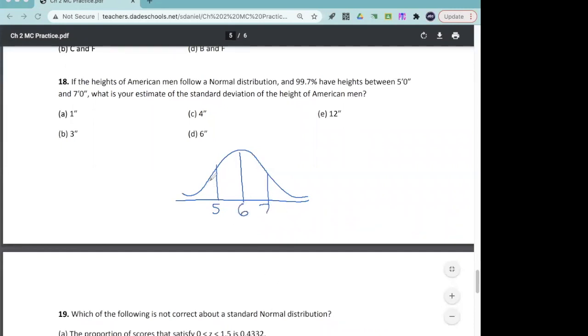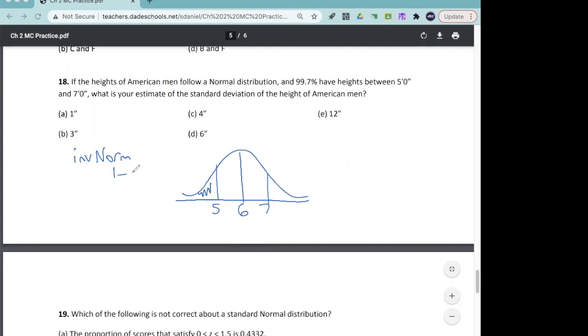So if you're going to use your inverse normal to find that, or you might have this memorized, you're going to do 1 minus 99.7, and divide that by 2 to get this area. And that's what you're going to put in as the proportion that you're looking for.